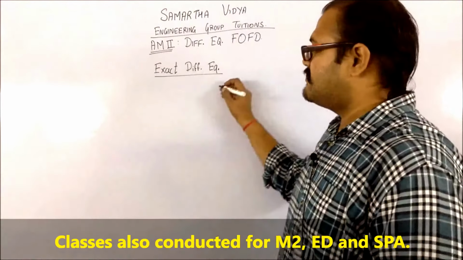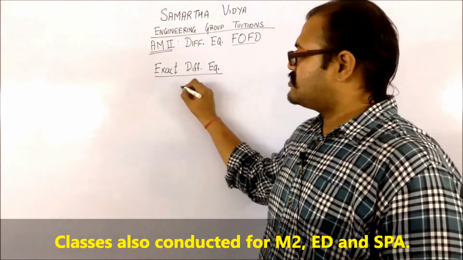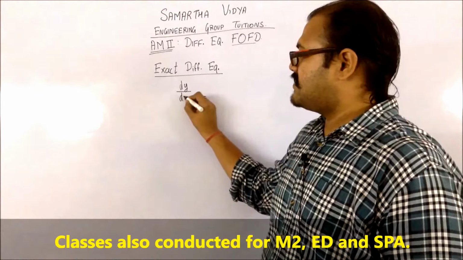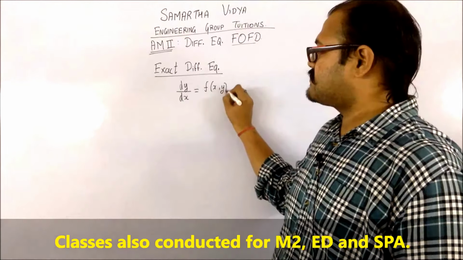We know that we are going to be solving first order first degree equations. A first order first degree equation in general will be of the form dy by dx is equal to some function of x and y.